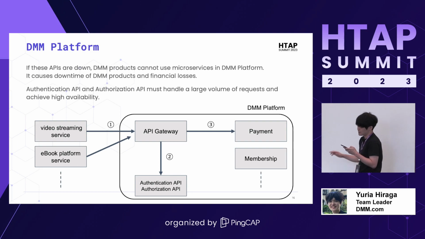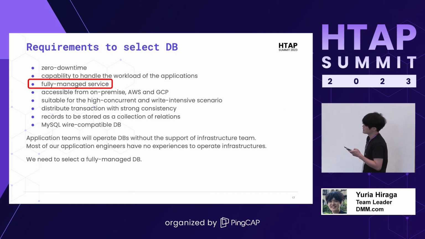If these APIs are down, DMM products cannot use microservices in DMM Platform. It causes downtime of DMM products and financial losses. Authentication API and authorization API must handle a large volume of requests and achieve high availability.